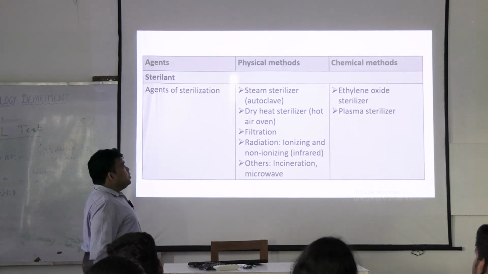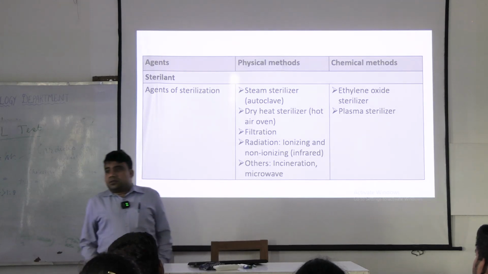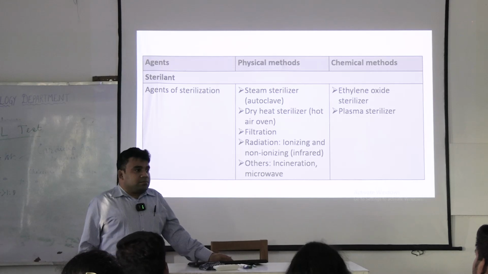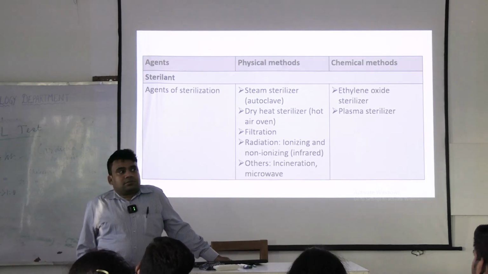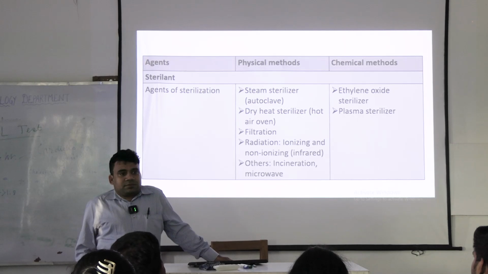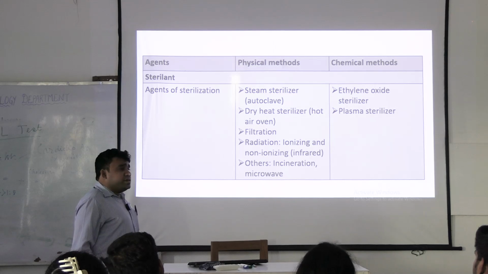The physical methods could be, first, steam sterilizer. It has the word steam. What is steam? It's water vapor at a temperature of 100 degrees centigrade. The next is dry heat.